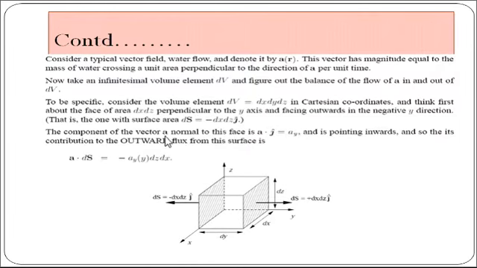The component of vector A normal to this face is A dot j, which is minus Ay, and it is pointing inwards, so its contribution to the outward flux from the surface is A dot dS equal to minus Ay(y) dz dx. This is the figure.